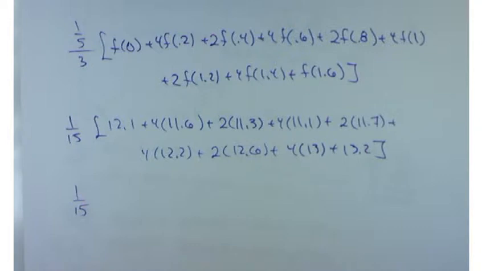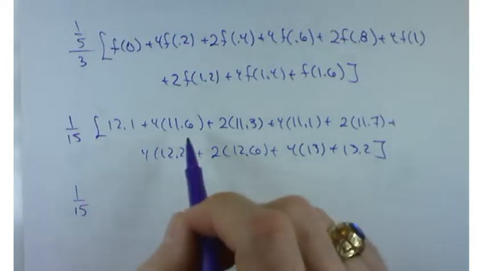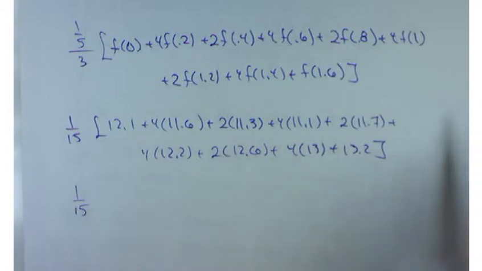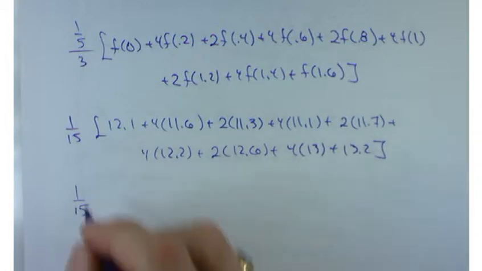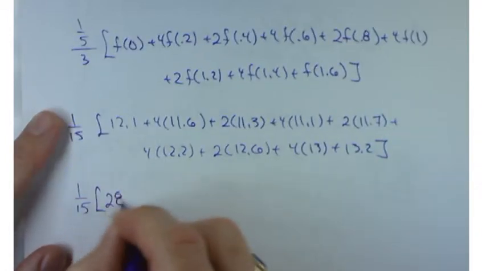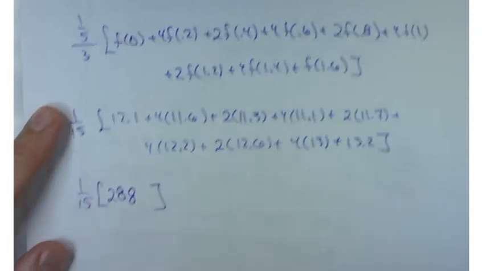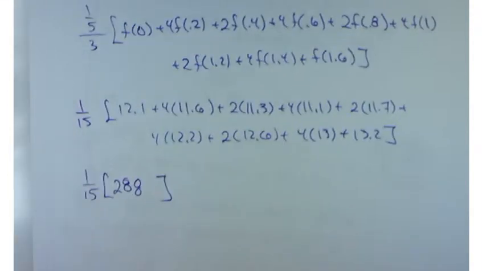Again, 288. 288.1. Uh-oh. I'm wondering where I'm off. So 288, I'm going to leave a little room there in case there's a 0.1.